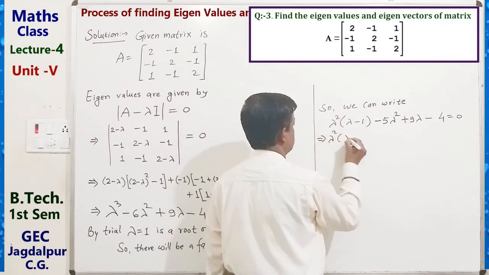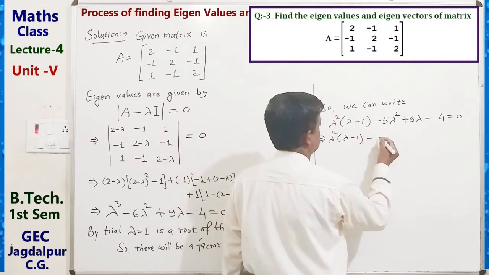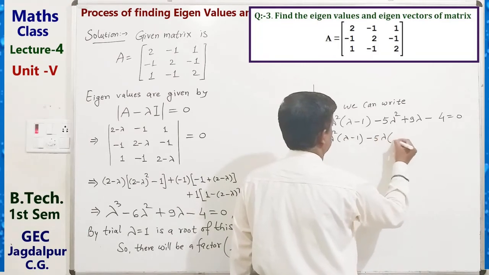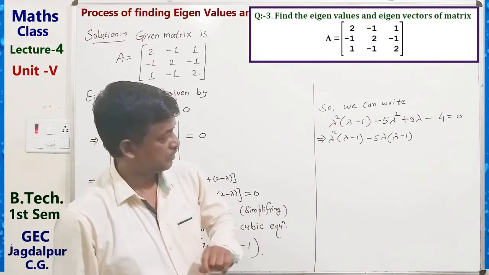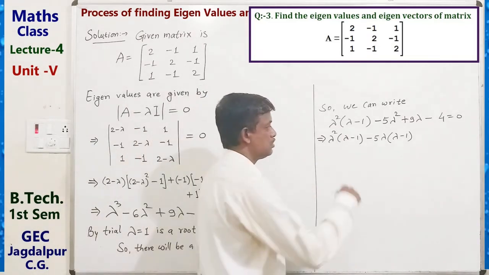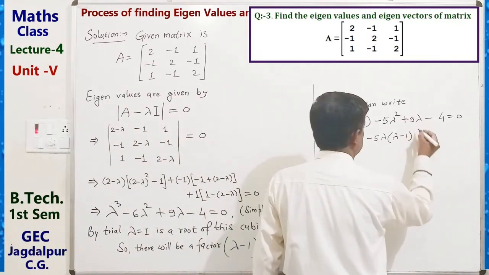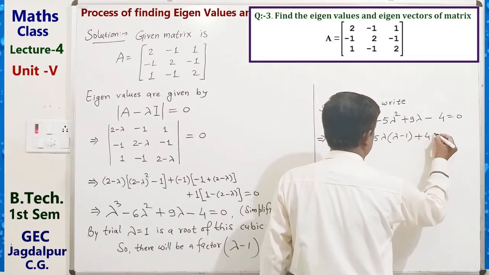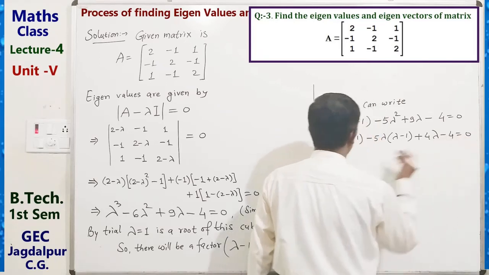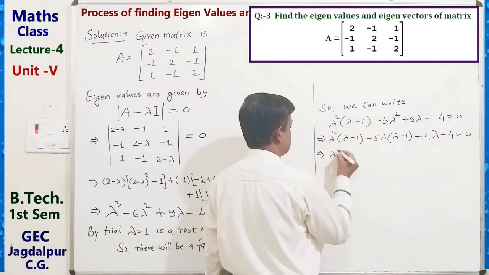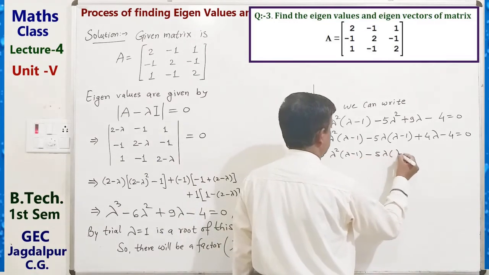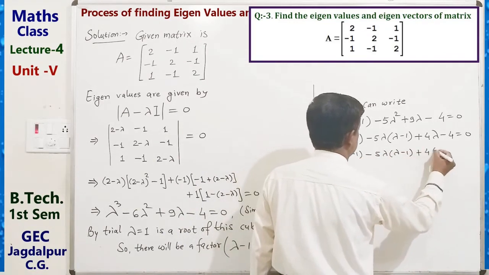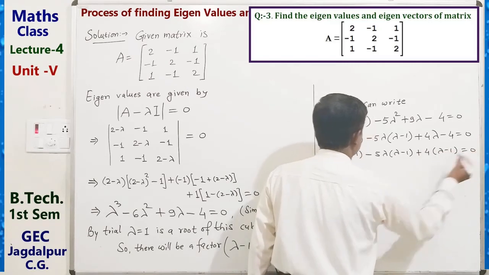Lambda square, lambda minus 1, minus 5 lambda, lambda minus 1. Here minus 5 lambda square plus 5 lambda. So minus 5 lambda, so plus 4 lambda minus 4 equals to 0. So lambda square, lambda minus 1 minus 5 lambda, lambda minus 1 plus 4, lambda minus 1 equals to 0.